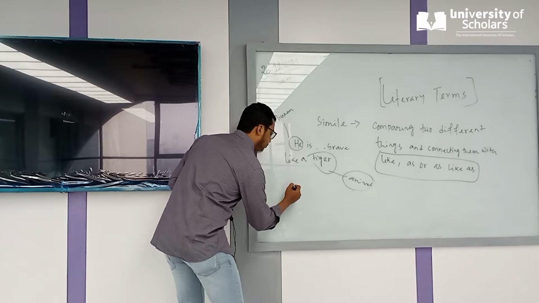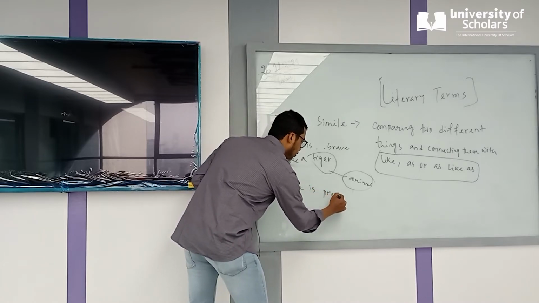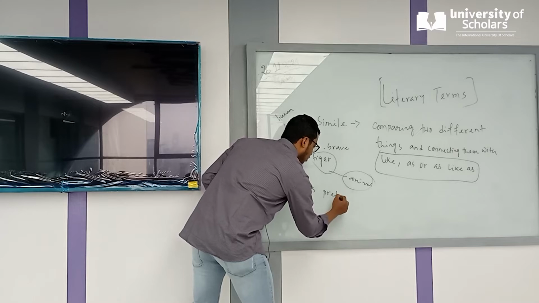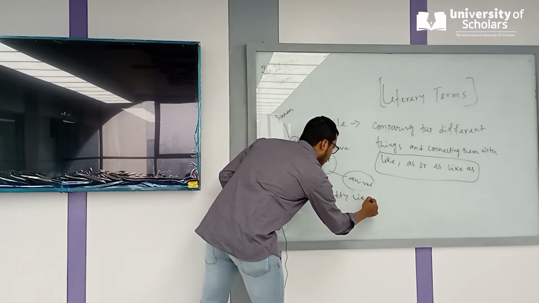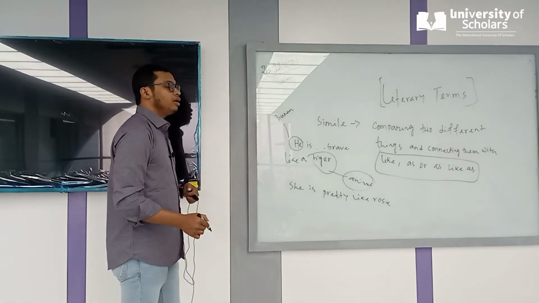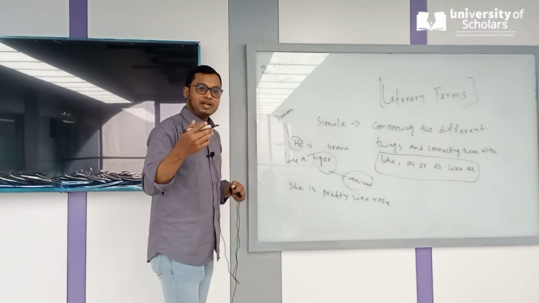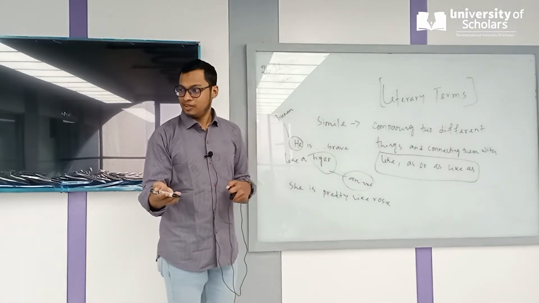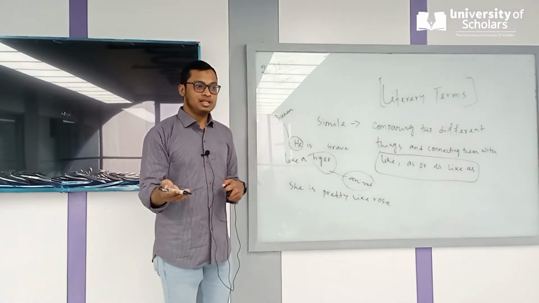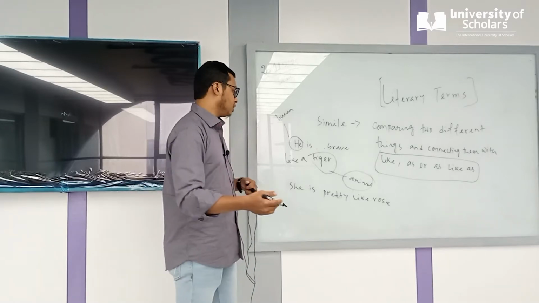Now, if I just give you something like that, can you tell me what it means? She is pretty like a rose. Exactly, she's pretty like a rose, right? But does it mean that she's becoming a rose? No, she's not a rose. But I'm telling that she is pretty like a rose.